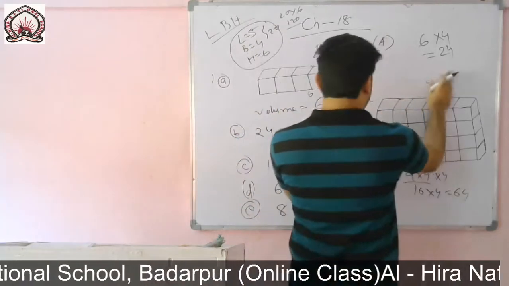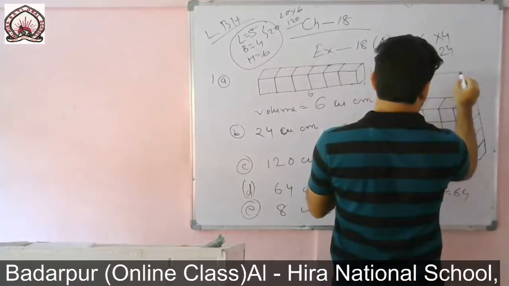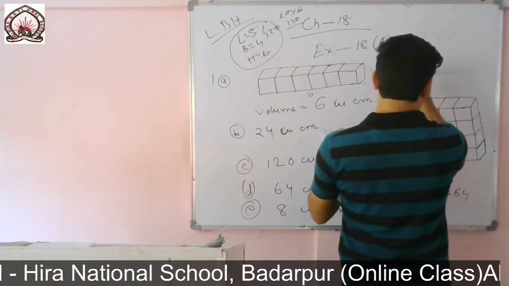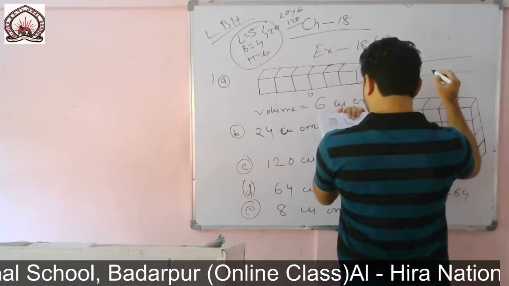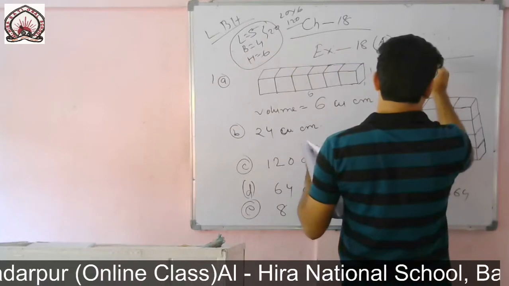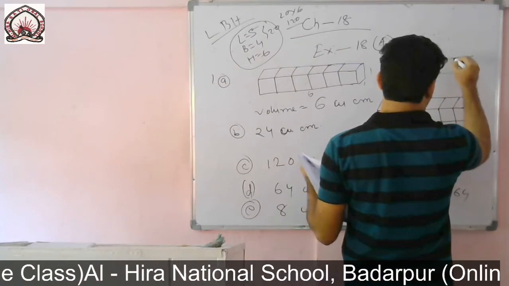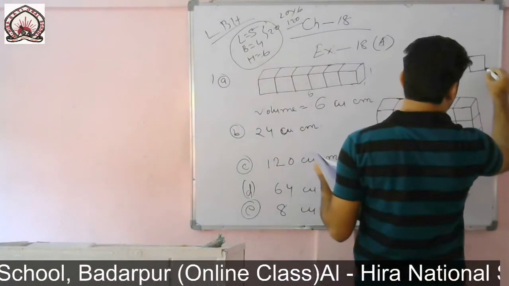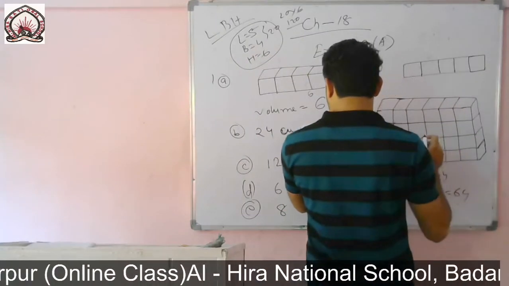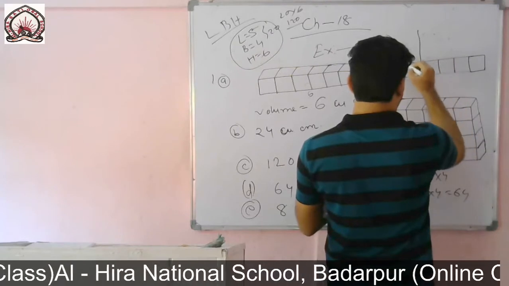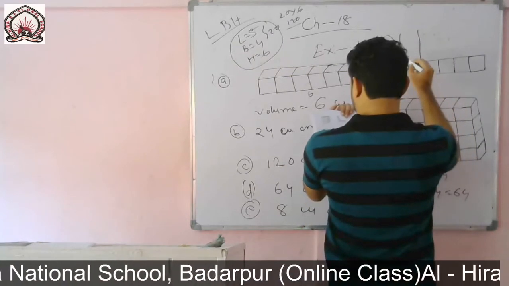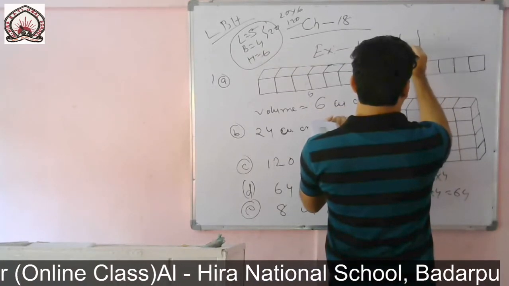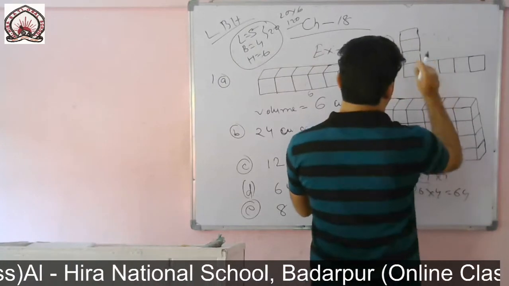Okay. This one is given like this. One, two, three, 4, 5. 1, 2, 3, 4 and 5. Okay. Here 1, 2, 3. Okay.